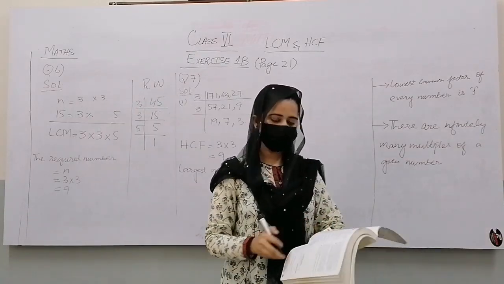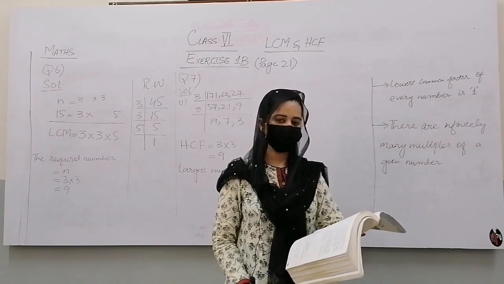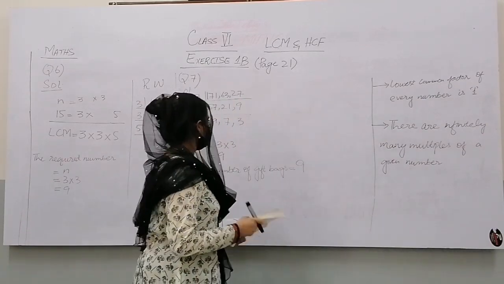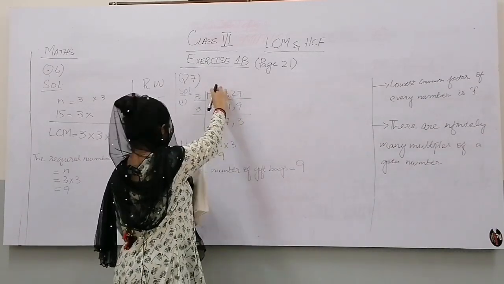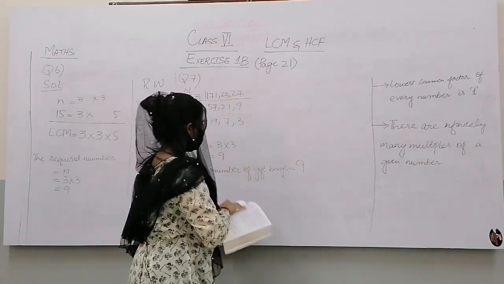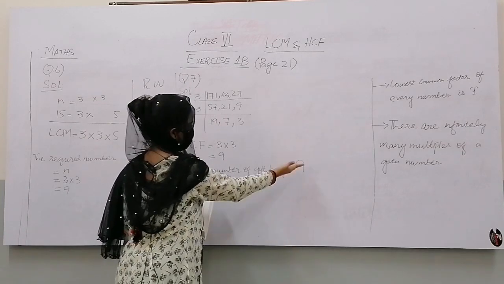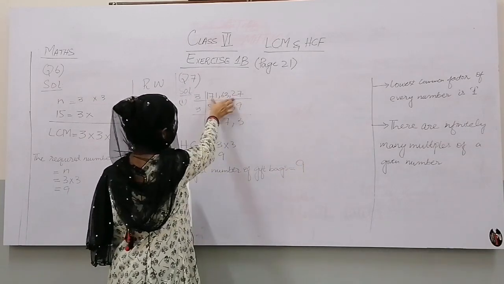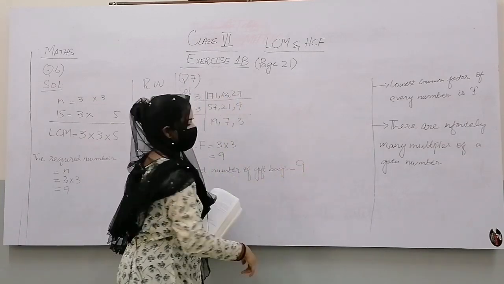Next one, second part, is the number of each item in a gift bag. We have total 171 pens, 63 pencils and 27 razors. And we have to pack these objects in 9 bags.